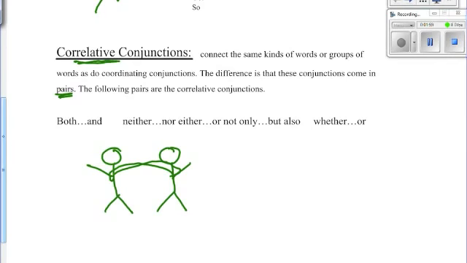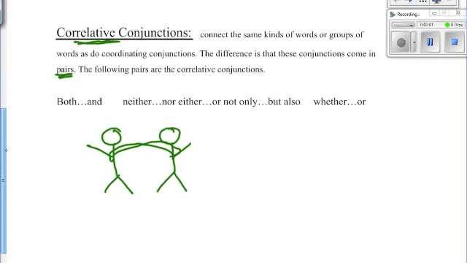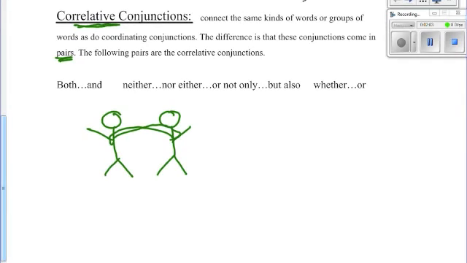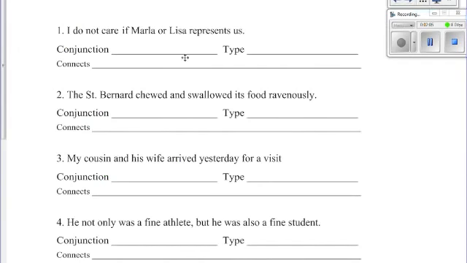You have to pay attention because sometimes there are two conjunctions that go together. So now we're going to look at some examples. We have, I do not care if Marla or Lisa represents us. Well, we see that I is the subject, and you'll learn later that do is a helping verb, and care is our other verb. Now, we can see that we're talking about Marla or Lisa.